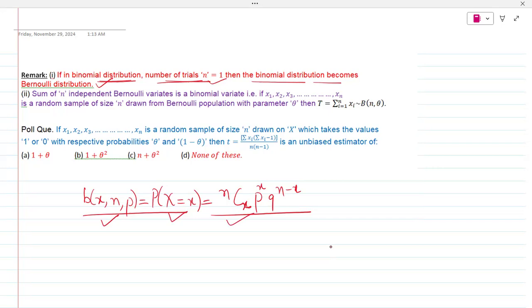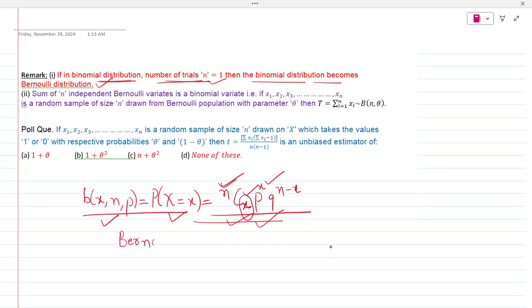This expression is the probability that there are x number of successes in n number of independent Bernoulli trials. I repeat, this expression gives us the probability that there are x successes in n independent Bernoulli trials.